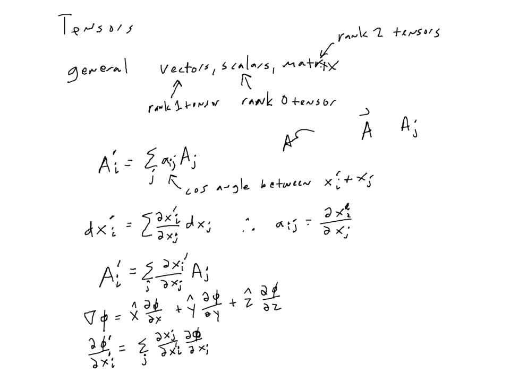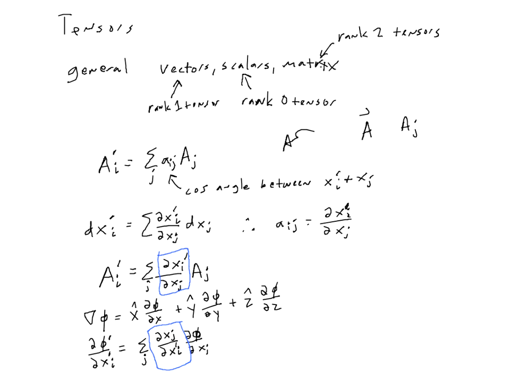But here's one thing that's very, very subtle between these two: if you look at the transformation matrix here, and you look at the transformation matrix here, the two are opposite of each other. This one has the derivative of x prime i over x j, and this one has x j over x prime i, right?